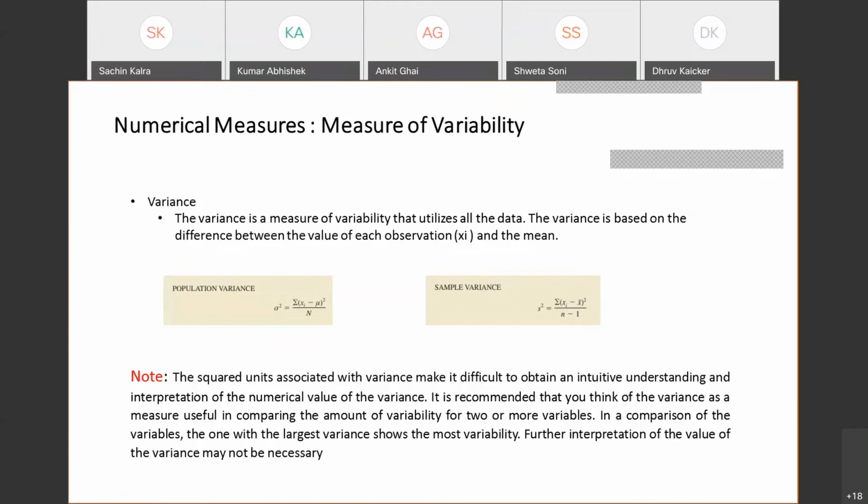Volatility is again a term itself that denotes risk. Volatility doesn't mean variance directly, but the way it is calculated, it's a subset of variance. Somehow we are measuring the variance in risk. So always, in a comparison of two entities, the one with the larger variance shows the most variability.